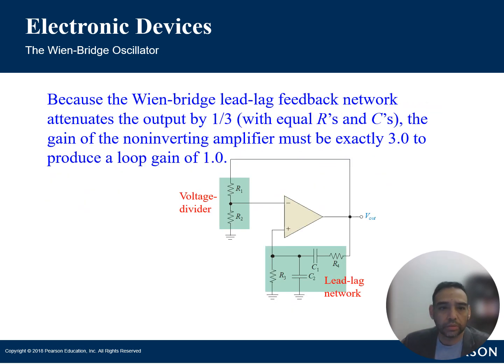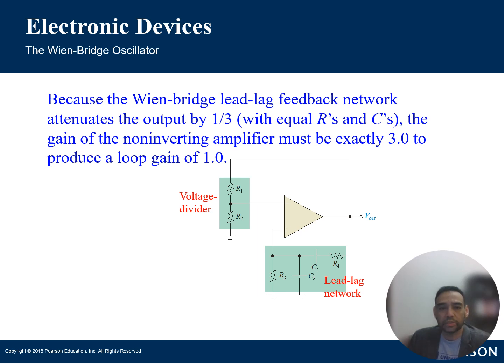All right. It says the Wein bridge uses a lead lag feedback network that attenuates the output by 1/3, just like we said before. The gain of the non-inverting amplifier must be exactly 3 to produce a loop gain of 1. Because it's reducing the output by 1/3, when using the Wein bridge you're going to have to create amplification feedback, and you know how to do this already with operational amplifiers.